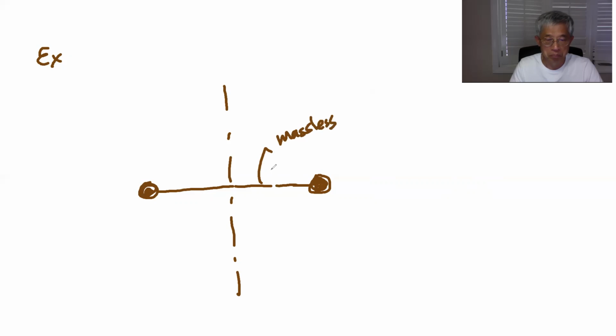You can call that a little rod, very skinny. This mass, let's call that M, and this one here, let's call that 2M. Let's say this side is R equal to 1 meter, and this side is also R equal to 1 meter, and M is equal to 1 kilogram.